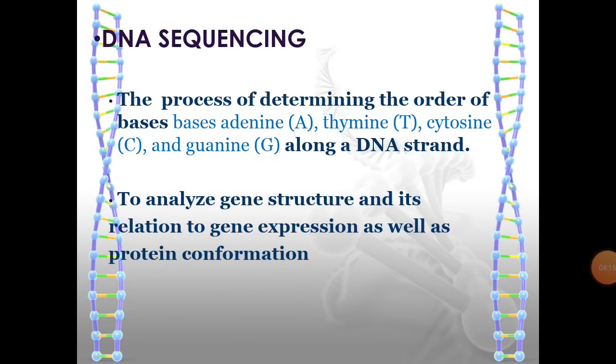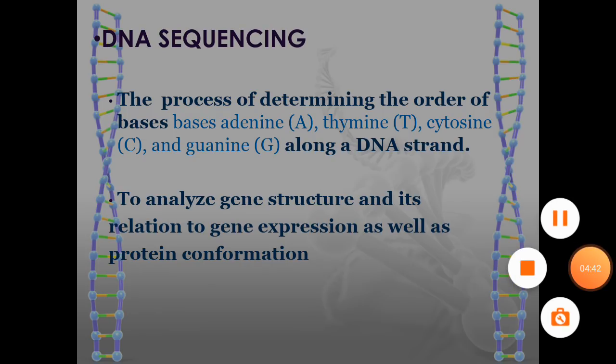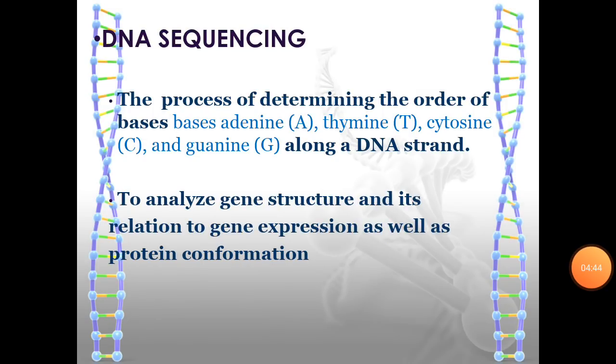Now coming to DNA sequencing, it is the process in which we determine the order of bases, that is adenine, thymine, cytosine, guanine, along a DNA strand. It is also used to analyze the gene structure and its relation to gene expression as well as protein conformation.